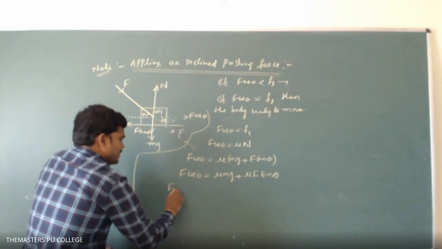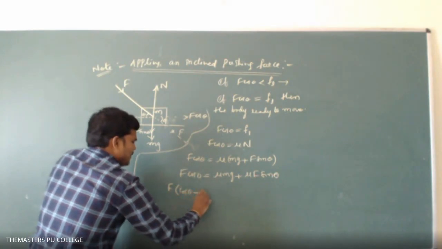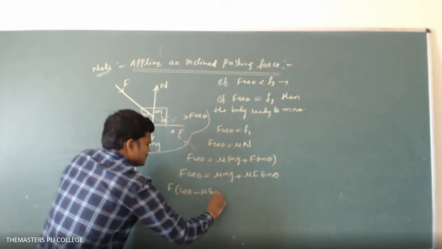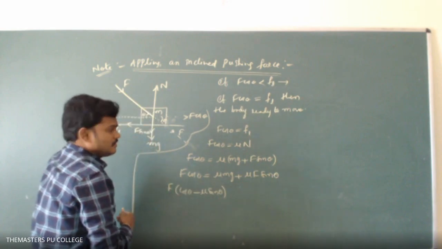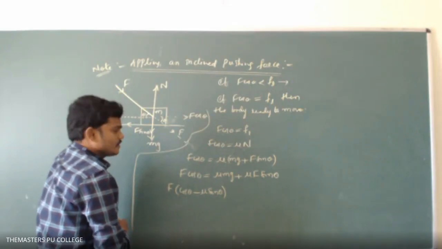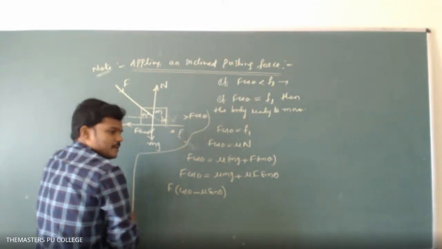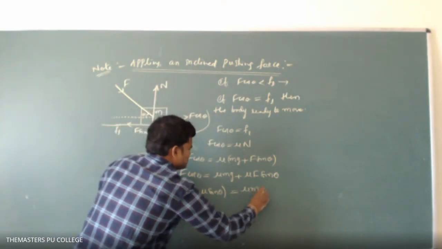On the left side, if I take F common, it is cos theta minus mu sin theta, because mu F sin theta has already been multiplied by mu. Because I want to get the F value, which is equivalent to mu mg.